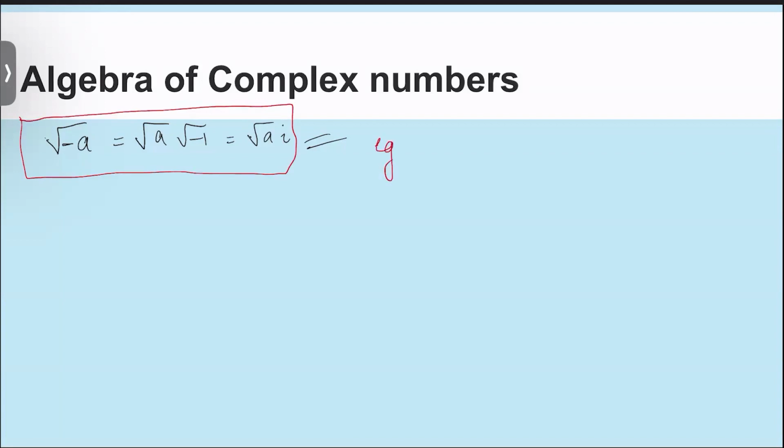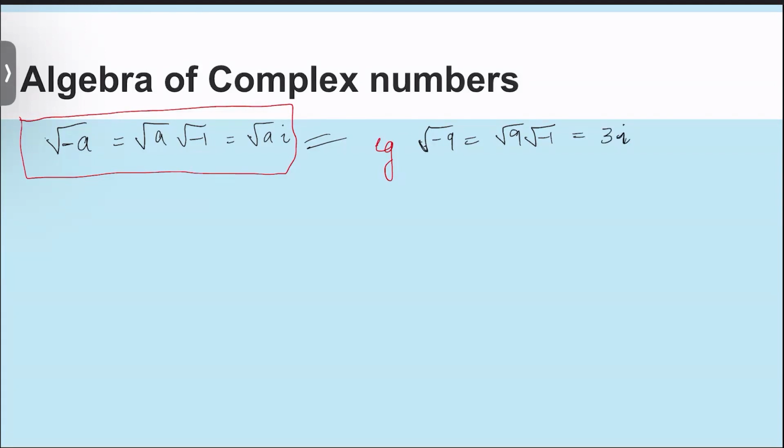For example, to find the square root of minus 9, you take the 9 aside and minus 1, and that will become 3i.